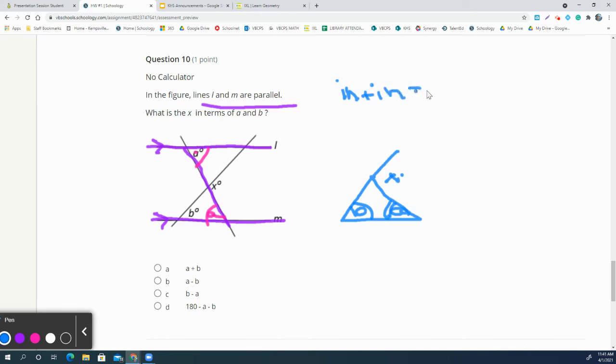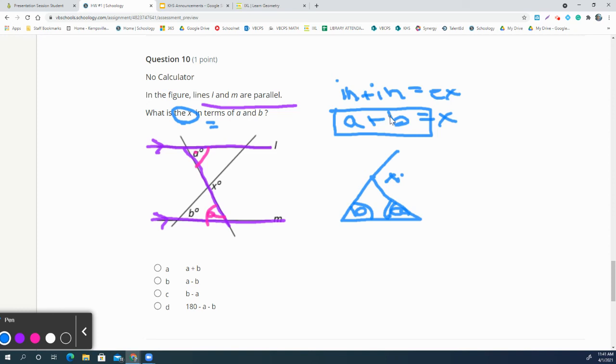Interior plus interior equals exterior. So A plus B equals X. And it's asking what is X? What does X equal in terms of A and B? So X equals A plus B.